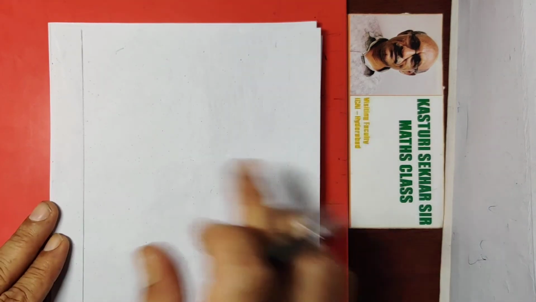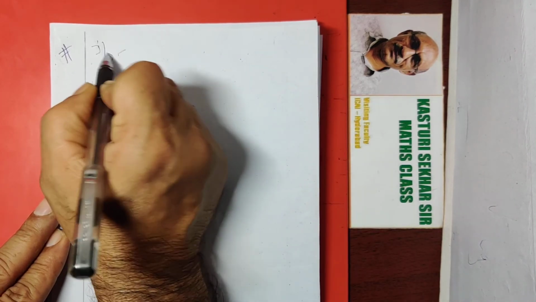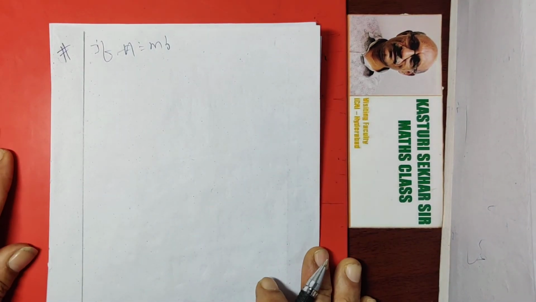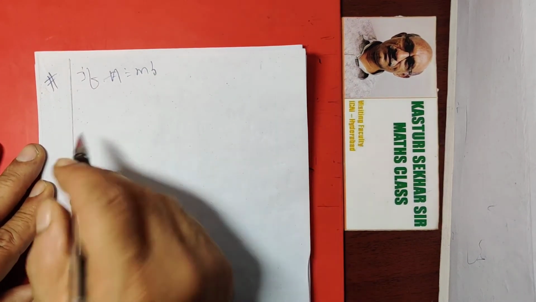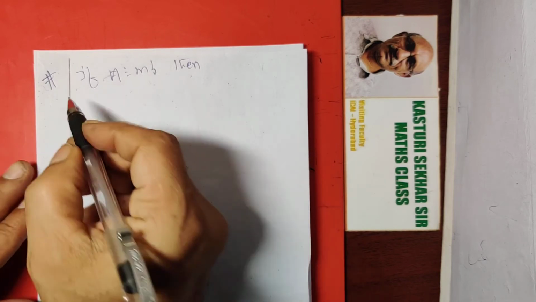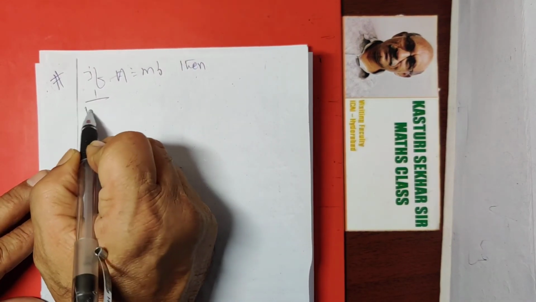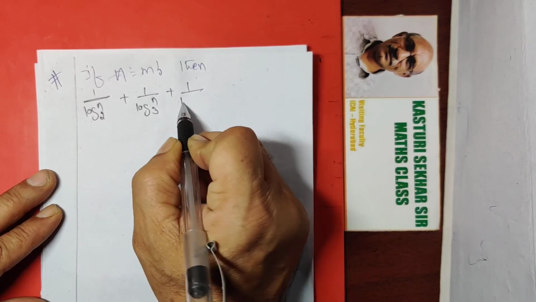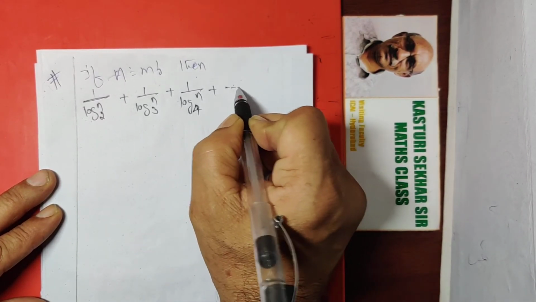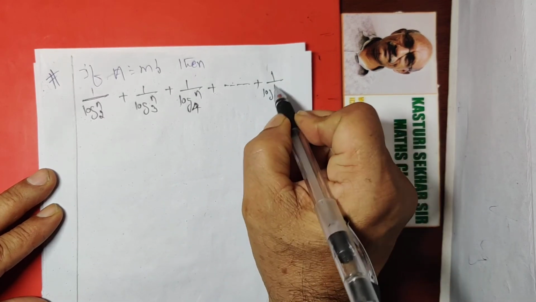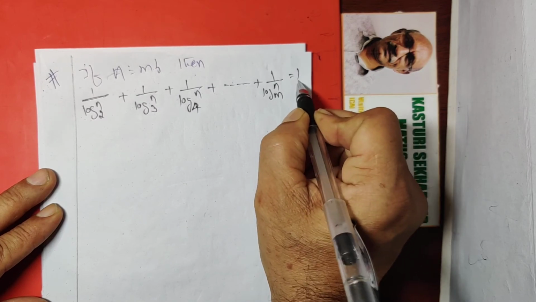Next problem. If n is equal to m factorial, then 1 divided by log n to the base 2 plus 1 divided by log n to the base 3, 1 divided by log n to the base 4, plus 1 divided by log n to the base m is equal to question mark.